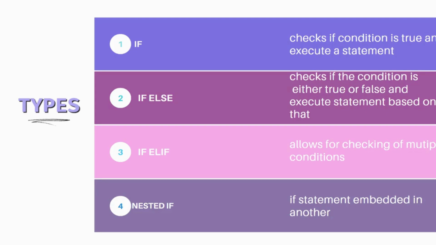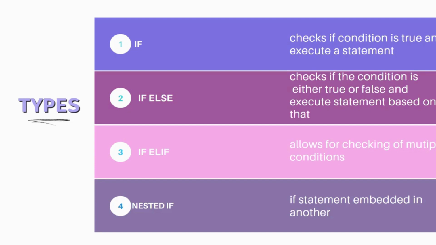We also have the elif. There are situations where you want to check for multiple conditions. The first two that we discussed, the if and the if else, are only checking for one condition and then checking whether it is true or false. But where you have multiple conditions that you want to check for, then you think of using the elif.